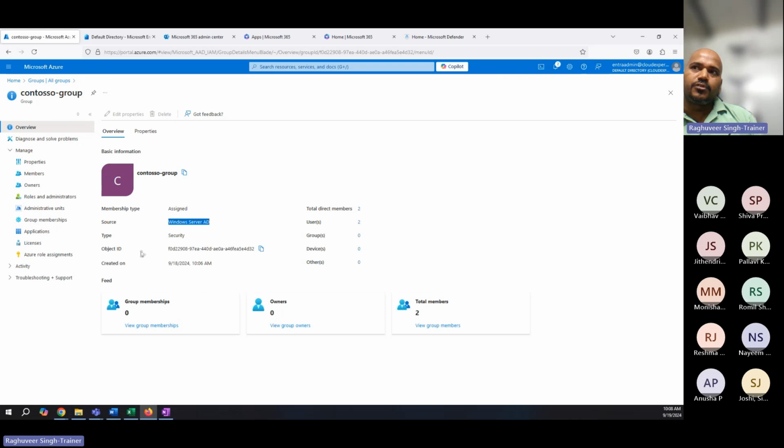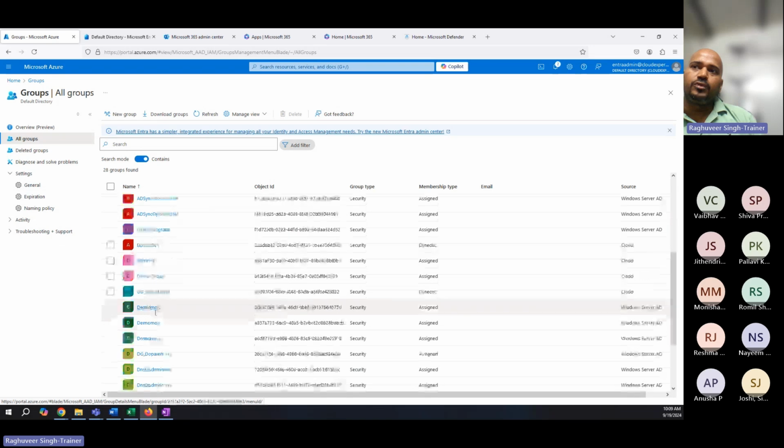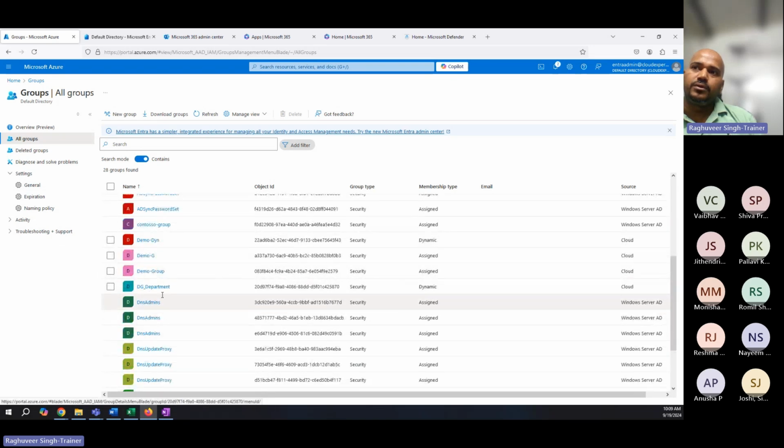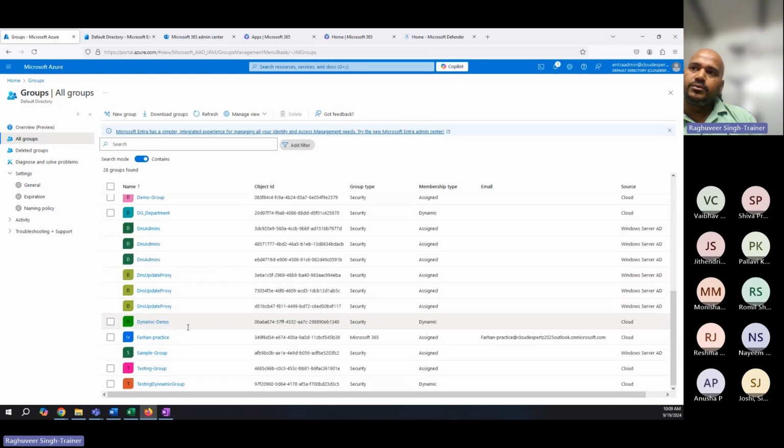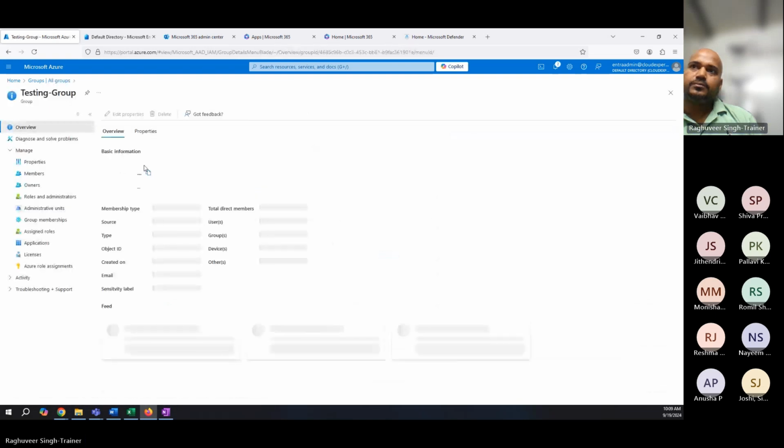Since it's a Windows Server group, it is getting synchronized from on premises. I definitely can't add members to this group from the Azure portal. However, I'll show you a group which is created in Azure, for example, testing group.